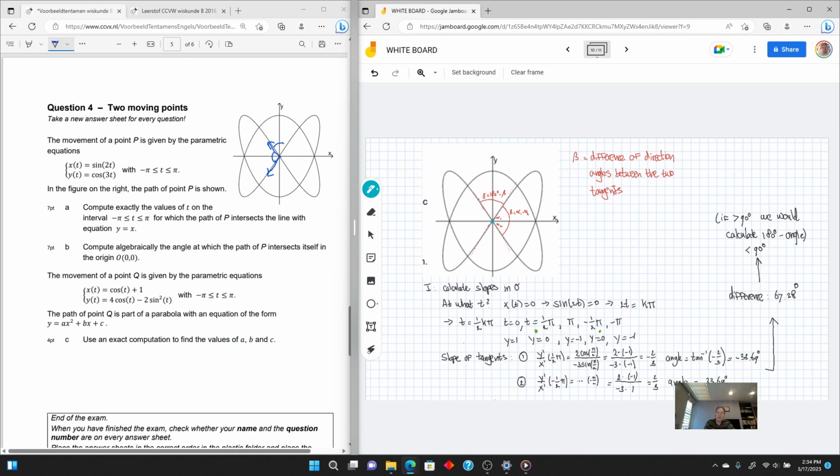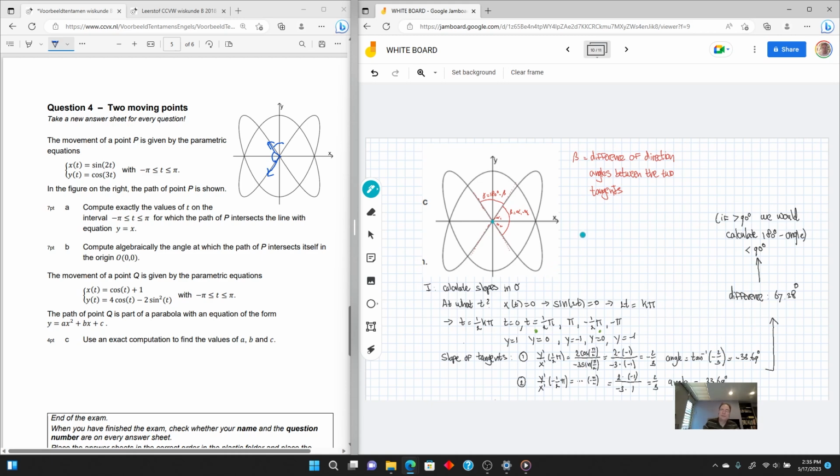So we also need to check that y is equal to 0. So let's first figure out where the x is 0. So sine 2t is 0. Well, when is sine of x 0? That means x is k pi. So 2t has to be equal to k pi.